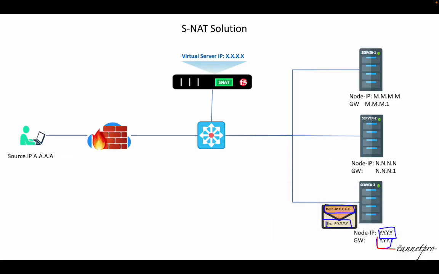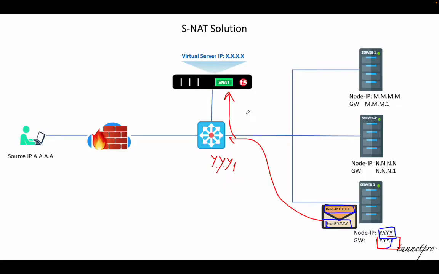So your traffic will come to the gateway, which is y, not 1, right? As its destination is xxx, it's not the destination of AAA. It will send the traffic to here, right? As your F5 changed the source, its destination is towards your virtual server. So to avoid asymmetric routing, its source has been changed.